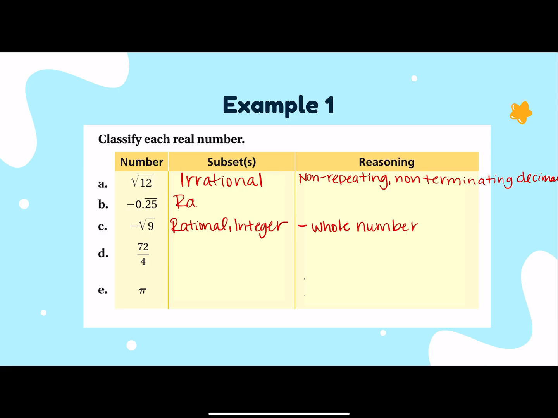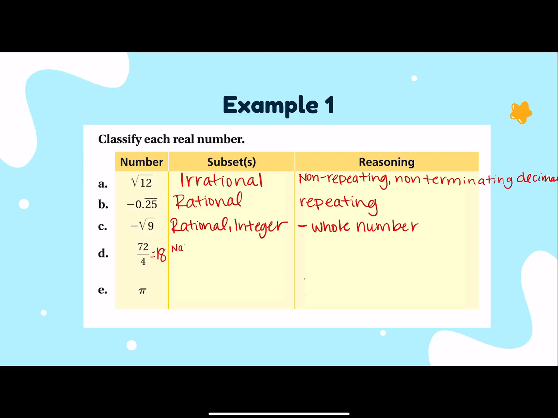I'm going to write this back, and it's probably going to appear after I write it back. Okay, 72 over 4. First of all, I know that's rational. Why? Because it's written as a fraction, and the literal definition of rational number is, can it be written as a fraction, basically. Okay, but I want to know if I can subset that even further, and if I do simplify that fraction in the calculator, I get 18. 18 is a counting number, okay?